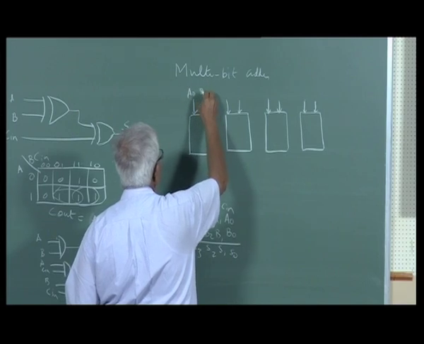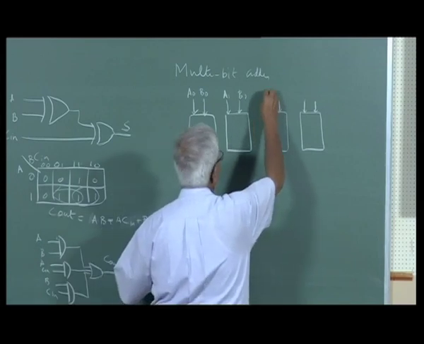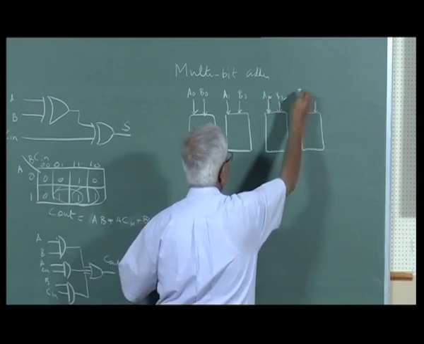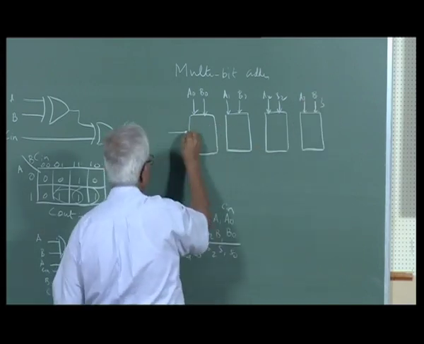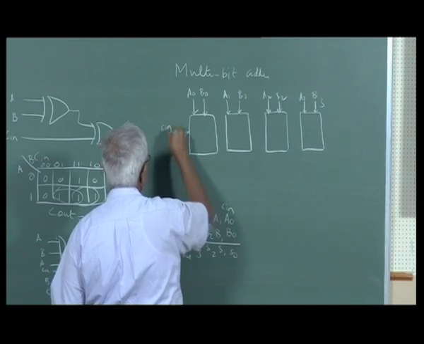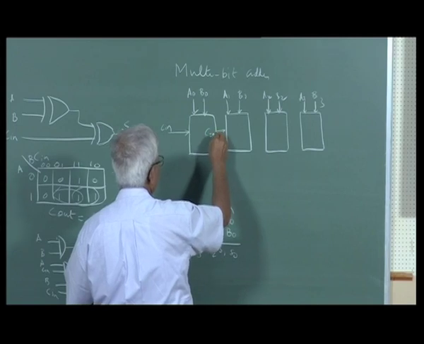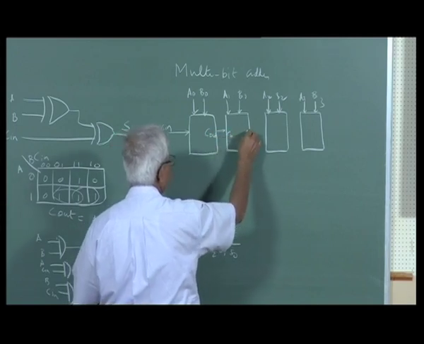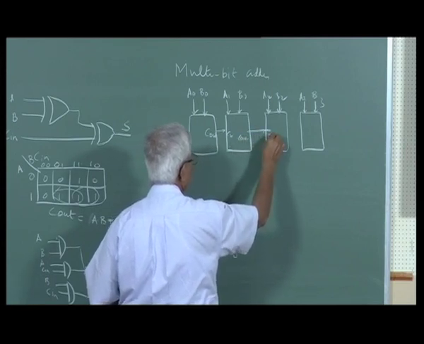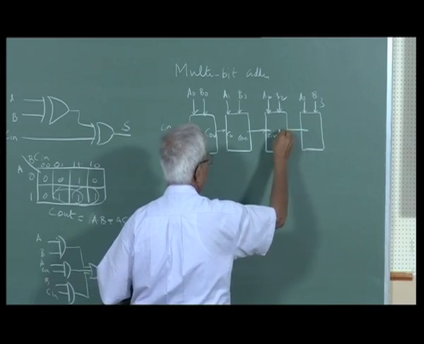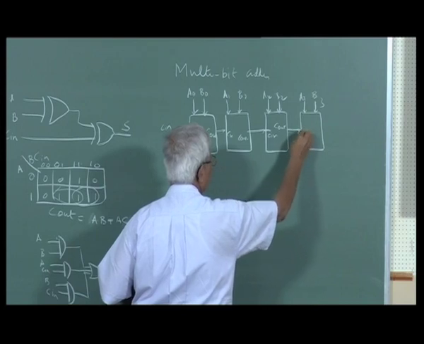A0, B0, A1, B1, A2, B2, A3, B3, C in, feeding to this C in, C out, C in, C out, C in, C out, going to C in.